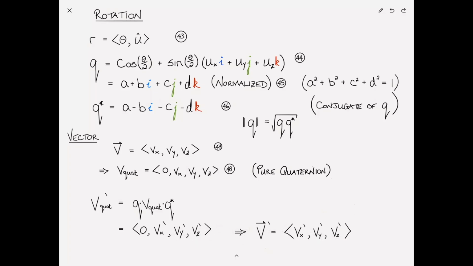If for whatever reason it's not normalized, you could take the quaternion and divide it by its magnitude. But if you're using a unit vector here, then it by definition will be normalized. And then we just perform this multiplication. That's it. That's how simple it is to rotate a vector in 3D. Number 49 and 50 and 51. And a big red box around it because that's our final answer.